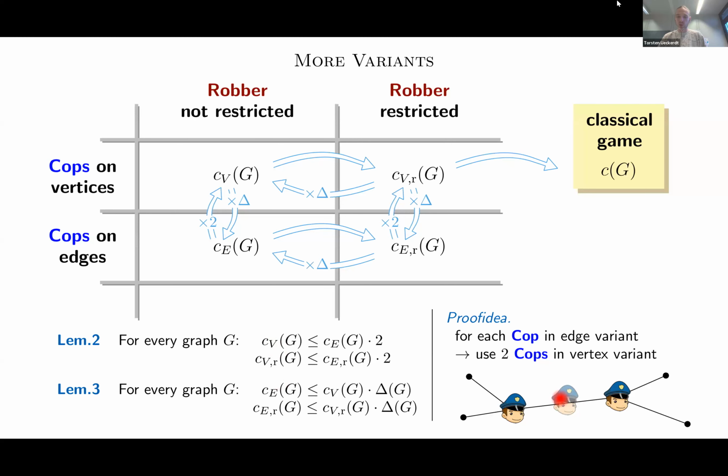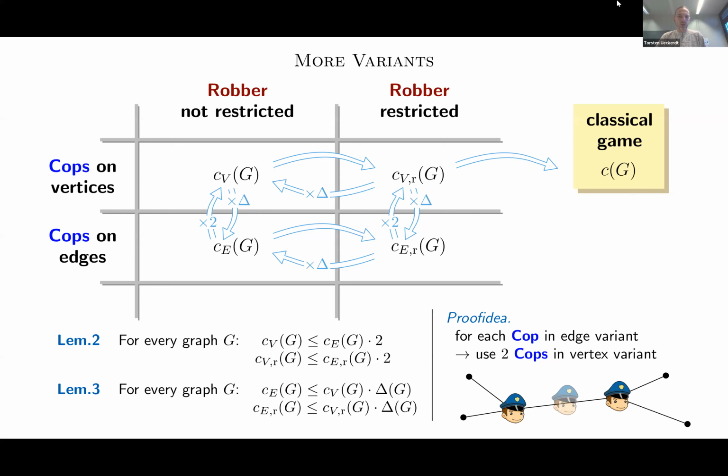And of course, what you do is when you have an edge cop, you mimic it by 2 vertex cops that occupy the endpoints of the corresponding edge. And then you realize if these edge cops surround your robber, then the vertex cops do. So this gives you a factor of 2, which is also sometimes necessary.